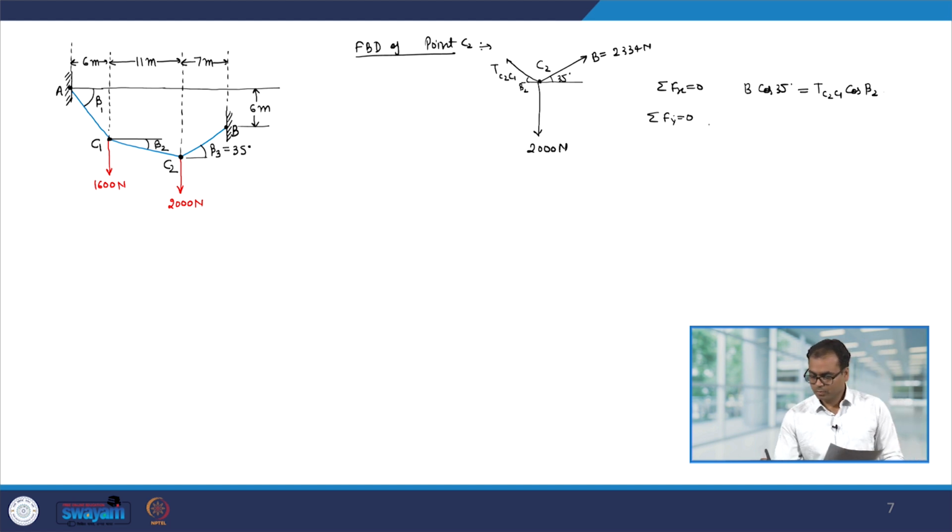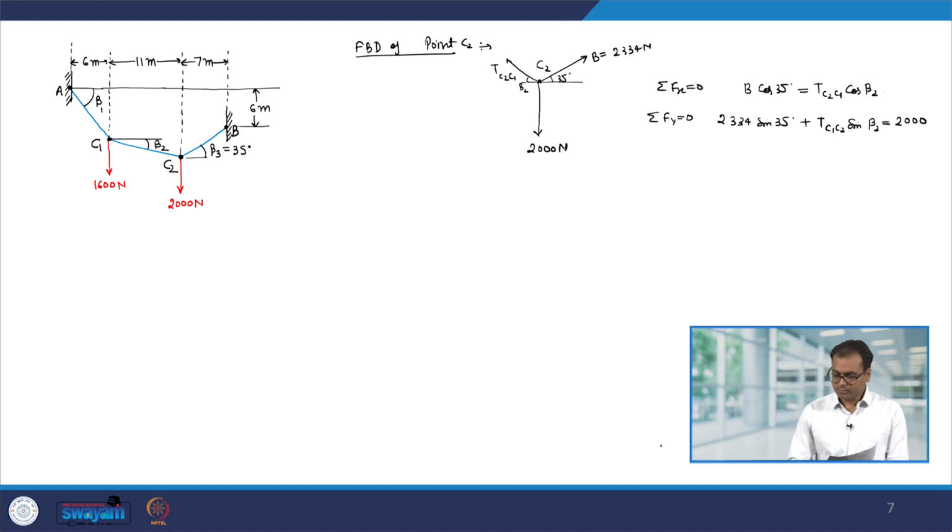So, this gives you 2334 sin 35 plus T C1 C2 sin beta 2 equal to 2000. Now, since the value of B is known and cos 35 is also known, so therefore, I know what is this, and this was 1912.